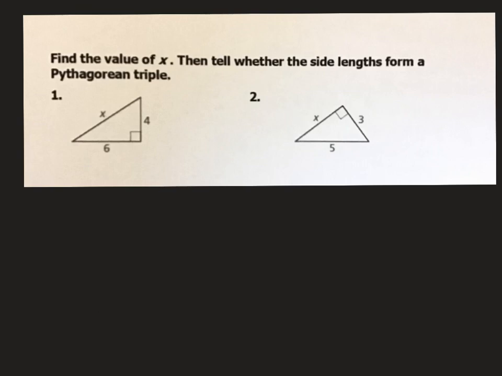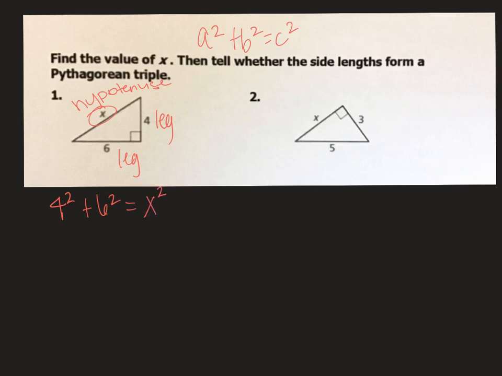So in number 1, we have side lengths of 4, 6, and x. We're going to solve for x, which is across from the right angle, so it is the hypotenuse. Remember, a squared plus b squared equals c squared: leg squared plus leg squared equals hypotenuse squared. 4 is a leg, 6 is a leg, so we plug into the formula: 4 squared plus 6 squared equals x squared.